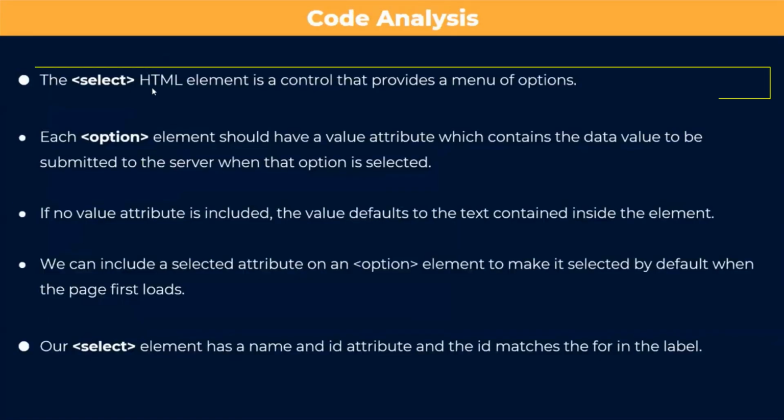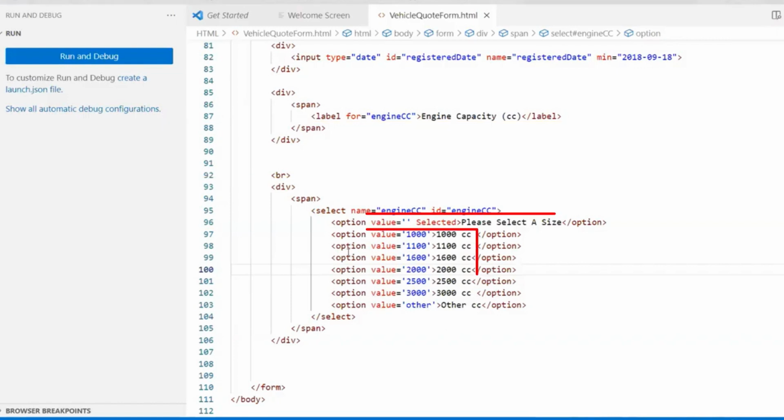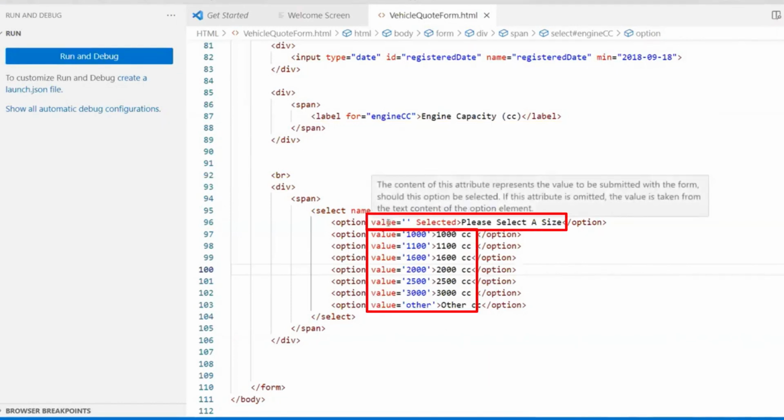So the select HTML element is a control that provides a menu of options, and we as a developer decide what's going to go in there. Each option element should have a value attribute, which contains the data value to be submitted to the server when that option is selected. So each one of these has a value.